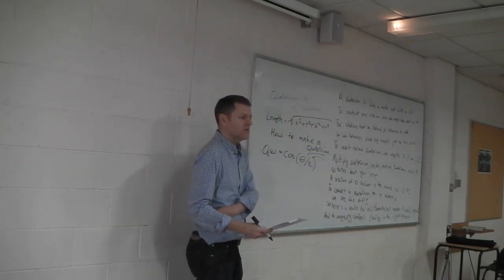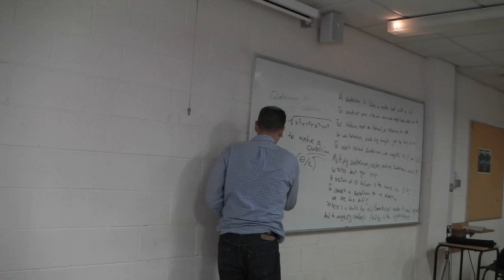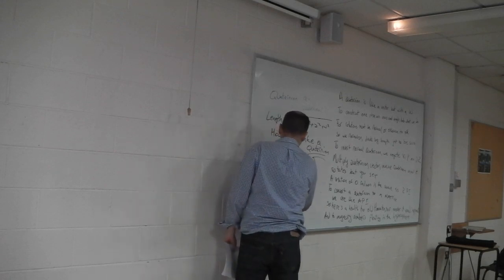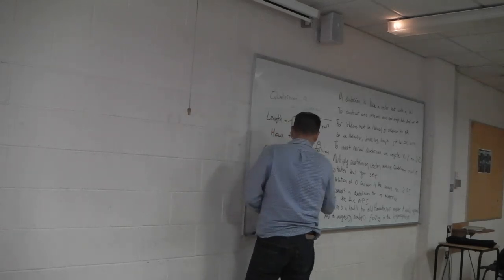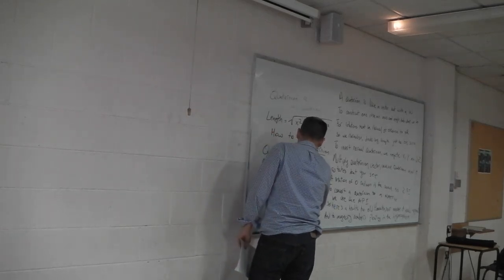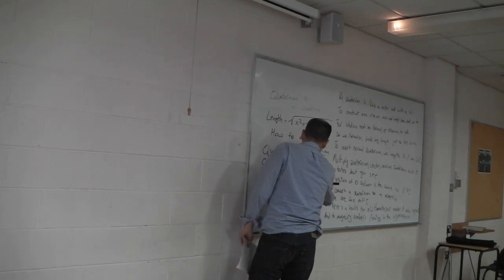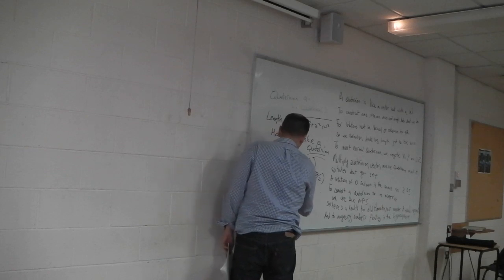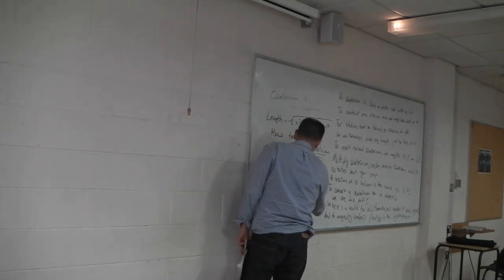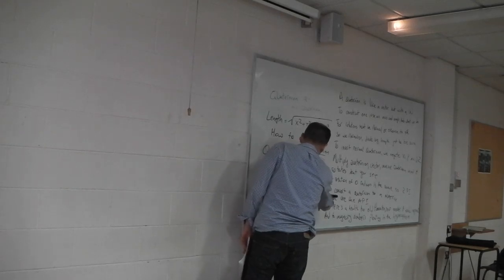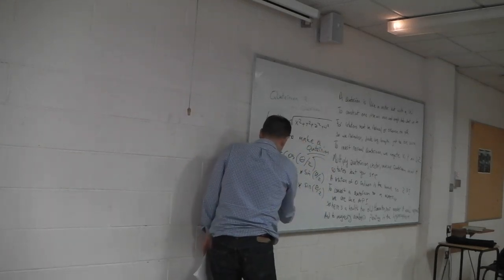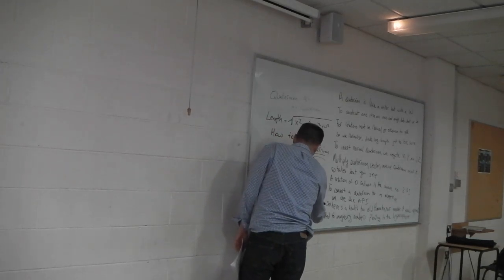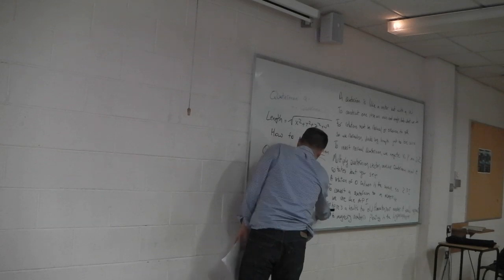Q dot X is equal to the axis of rotation multiplied by the sine of the angle of rotation over 2. Q dot Y is equal to axis dot Y multiplied by sine of the angle over 2. And Q dot Z is equal to axis dot Z multiplied by the sine of theta over 2.